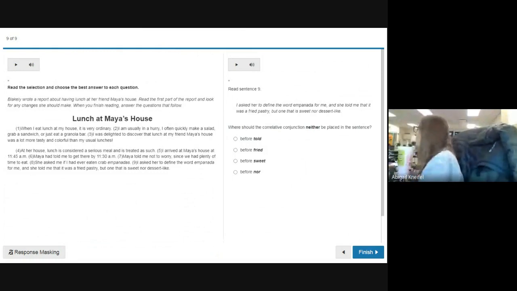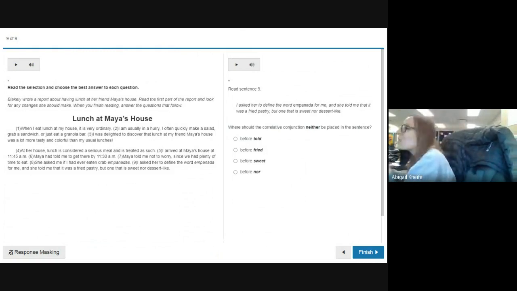If you heard Mrs. Kneifel just try to read that sentence and notice where I messed up, that might be a little bit of a hint. Abby? Correct. It should say that is neither sweet nor dessert-like. So it is C. So once again, 7 was A, 8 was D, and 9 is C.